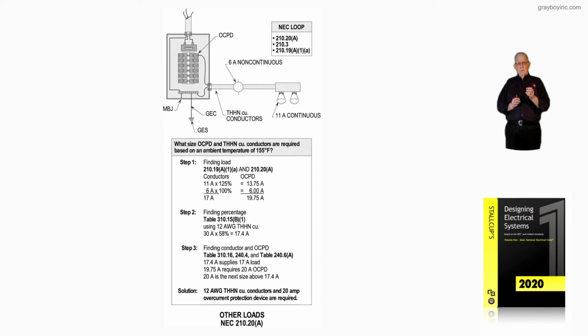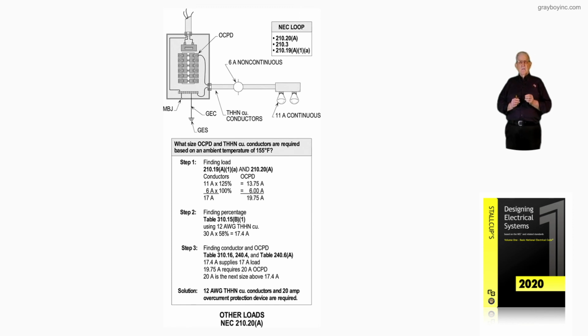So step 2, we are looking at our table 310.15(B)(1) because it's correction factors. If it was adjustment factors, as I previously mentioned, we would look at our table 310.15(C)(1). Now, step 3, we're applying our Table 310.16, 240.4(B), and Table 240.6(A).